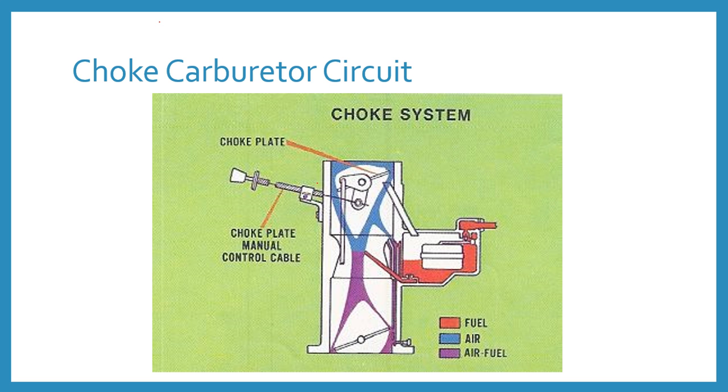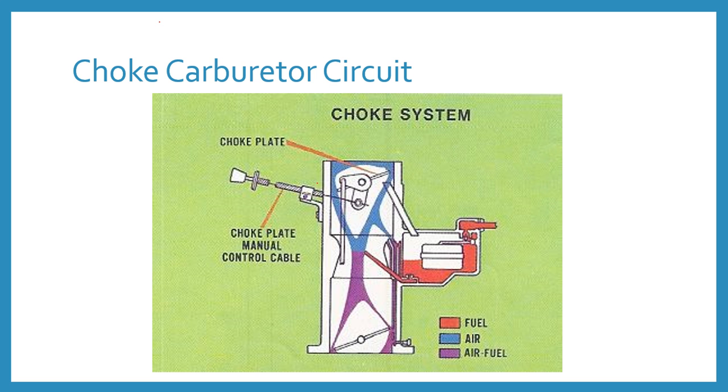In order to provide these different mixtures, a carburetor is provided with different circuits for its proper operation. Here we study three of these circuits: the choke circuit, the idle circuit and the accelerating circuit.